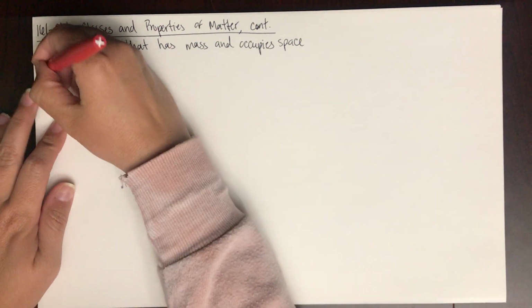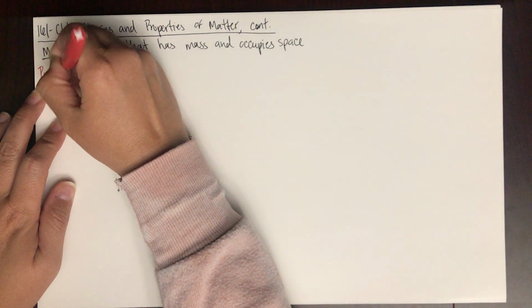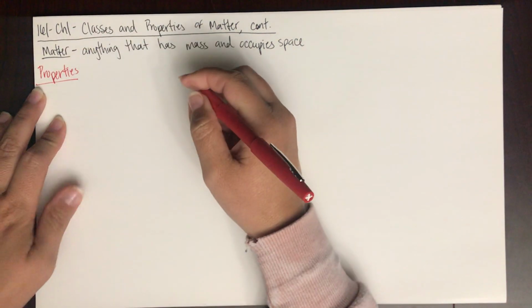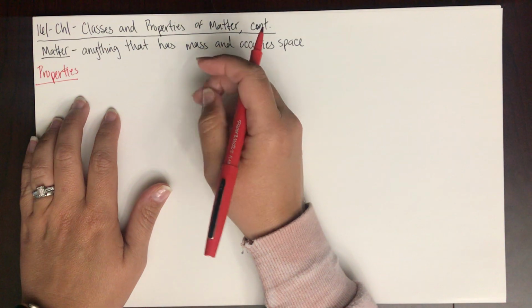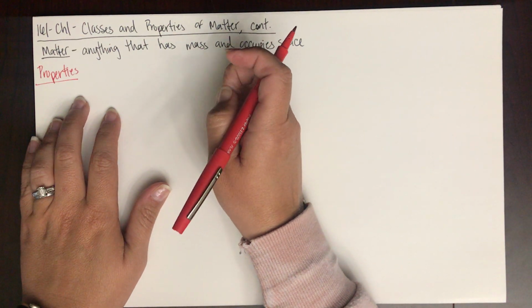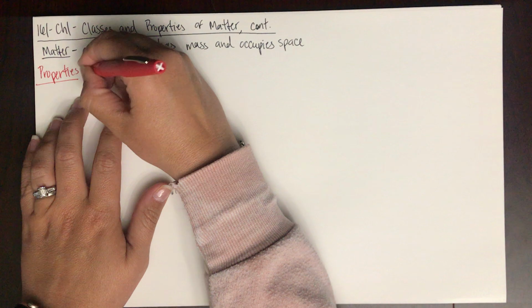So let's define what properties are, because we're going to be talking about the properties of matter. Properties are a way to describe matter based on observations and measurements.